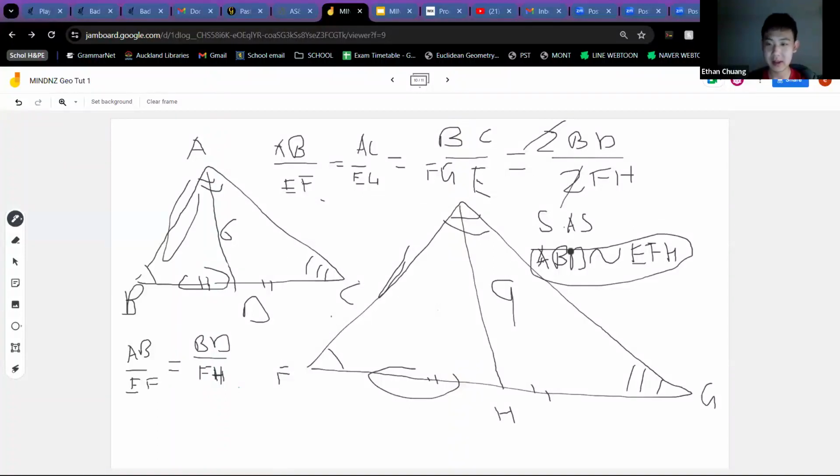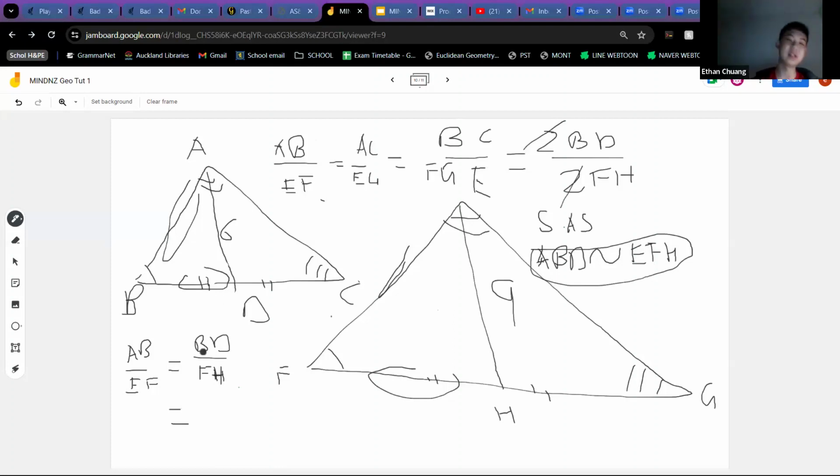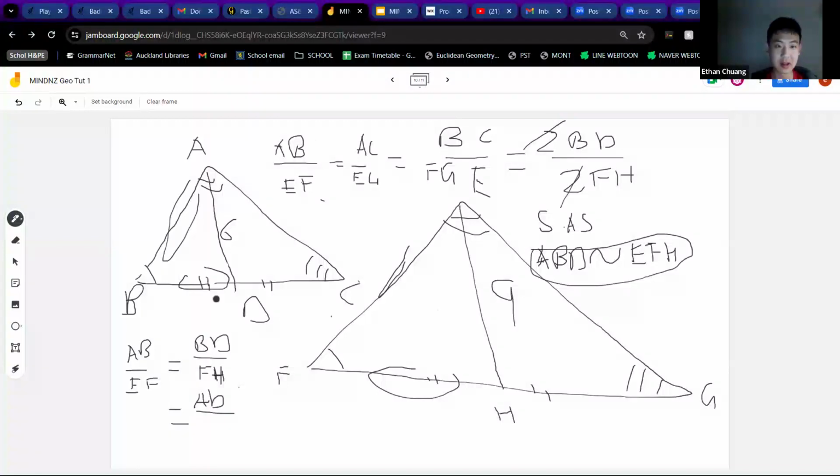So now we know that ABD is similar to EFH by side angle side, right? We also know that the ratio between EH and AD is the same, right? So we know now that this is equal to AD over EH, right? Which we know is 6/9 or 2/3.